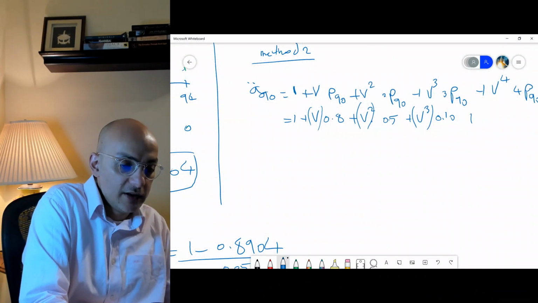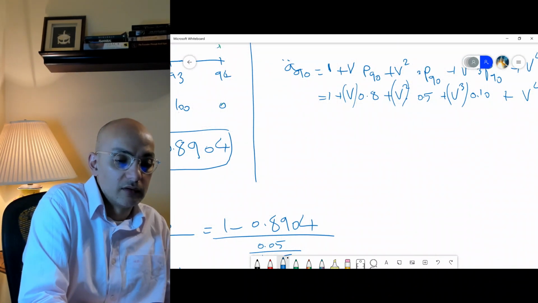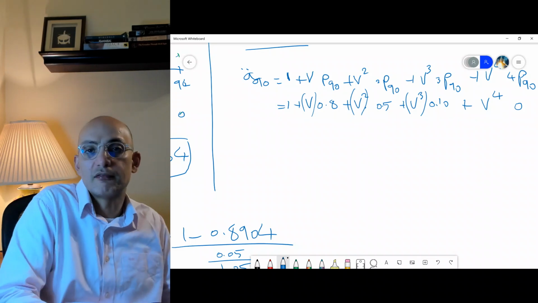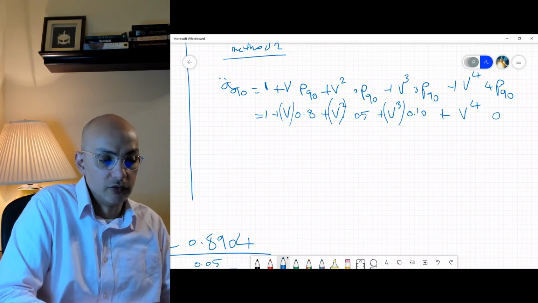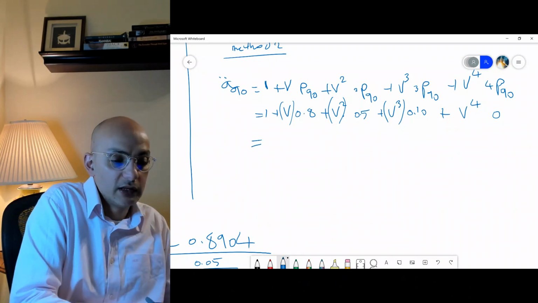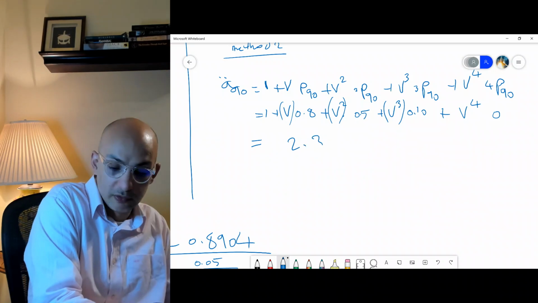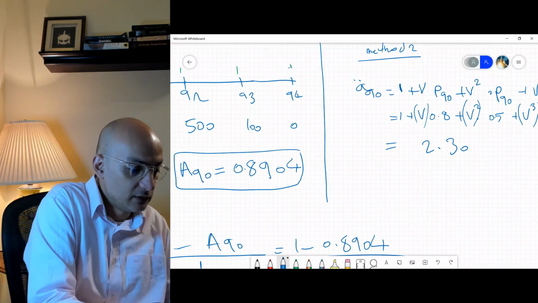And to get the last term, which is v⁴, 0. Nobody survived 4 years, to the beginning of the 5th year. Now, if you compute this one, it must give you the same answer. It must give you 2.30. What was it?